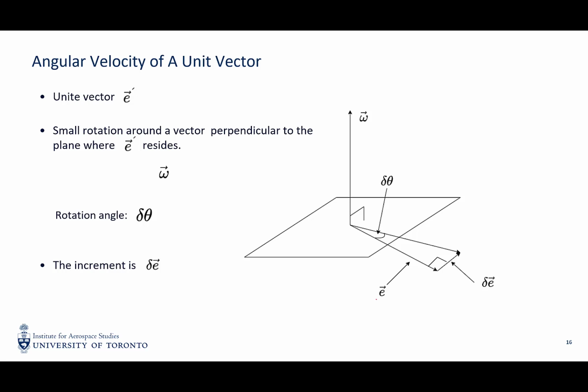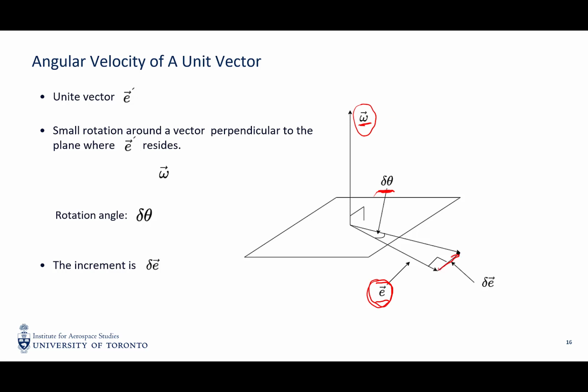Say, for example, if E is a unit vector here, and then we perform an infinitesimal rotation by the rotation angle of delta theta. And then we use the omega to describe a plane where this infinitesimal rotation happens. So we'll say that the unit vector E is in the plane defined by the normal vector of omega.